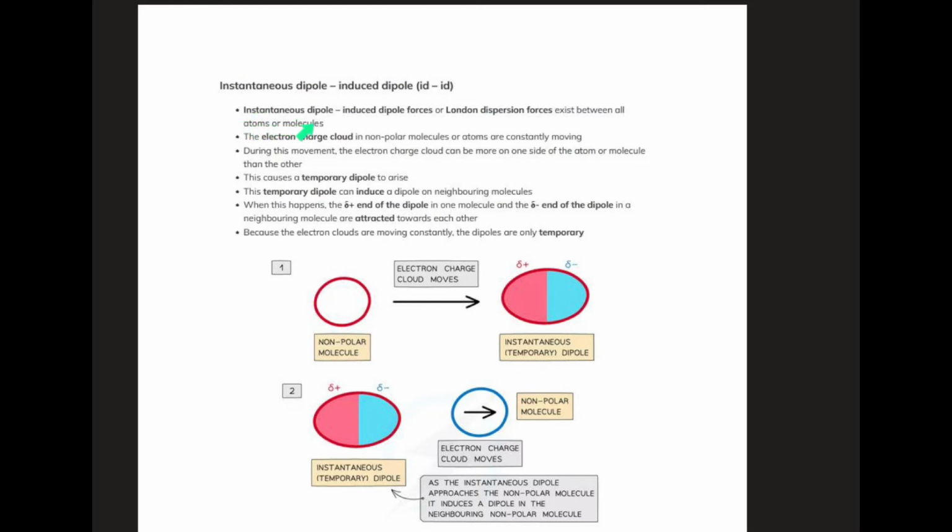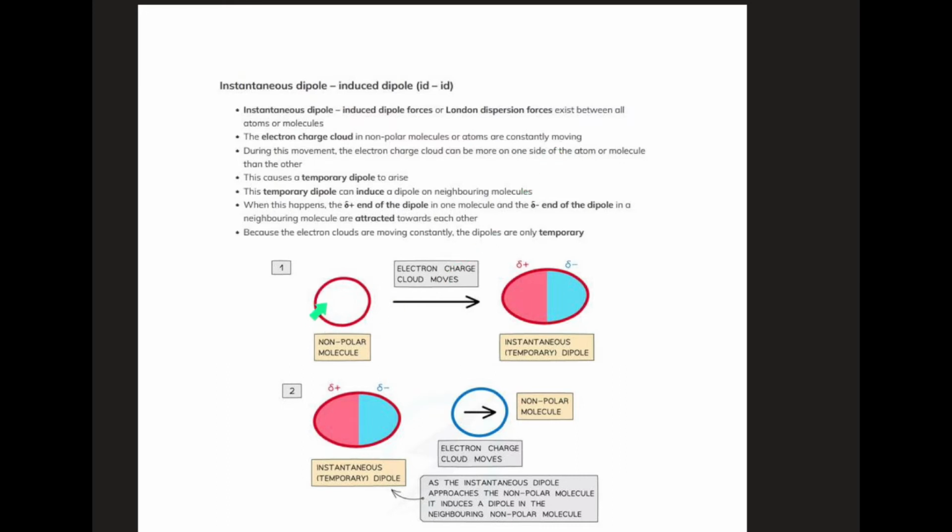All atoms, whether polar or non-polar molecules, have instantaneous dipole induced dipole forces. That means they have this type of van der Waals forces. How these forces are formed, we need to understand. They say the electron charge clouds in non-polar molecules or atoms are constantly moving.